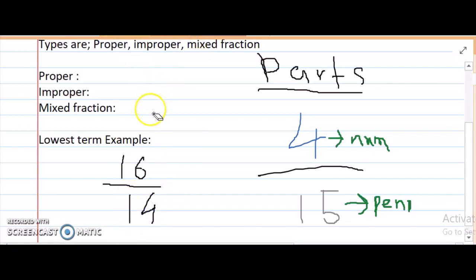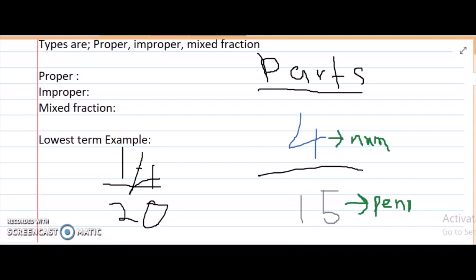Come here, let me give you guys a better question: 14 over 20. Now how to change to the lowest term is that you keep on dividing by a number that goes into both the numerator and the denominator without a remainder.